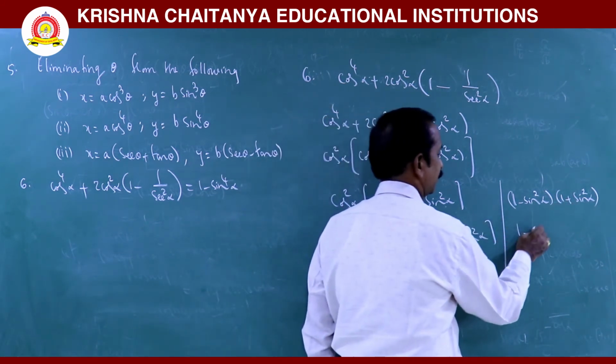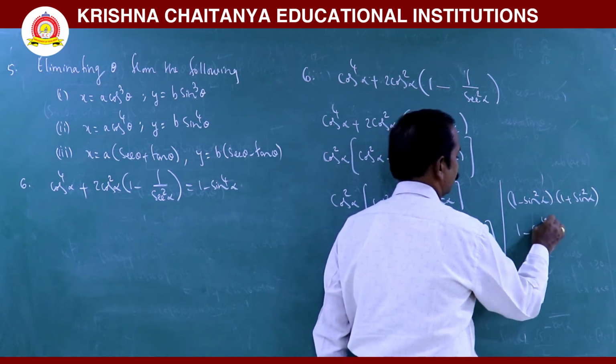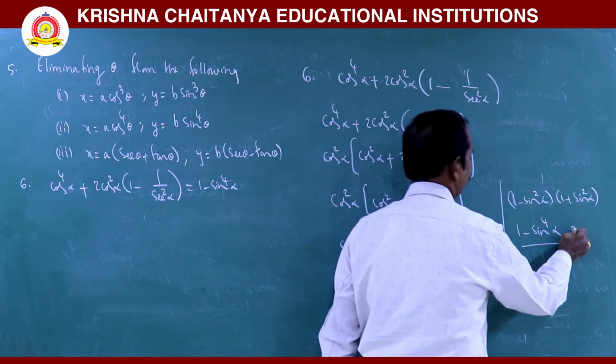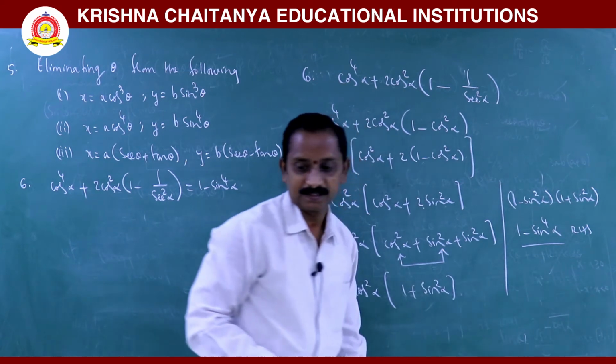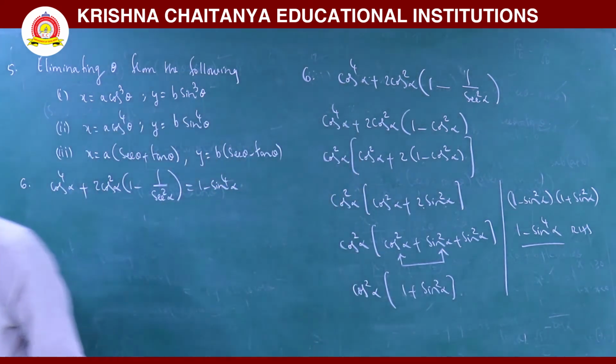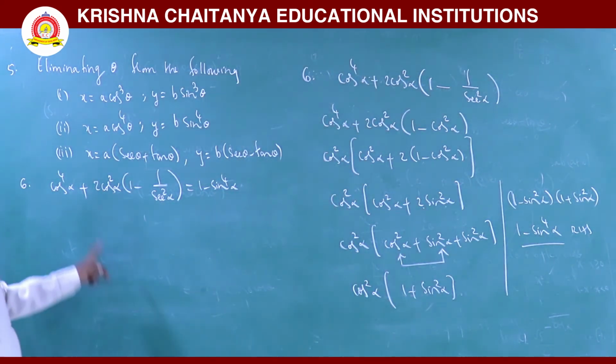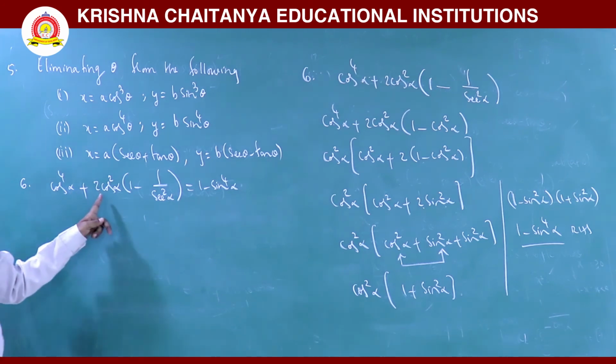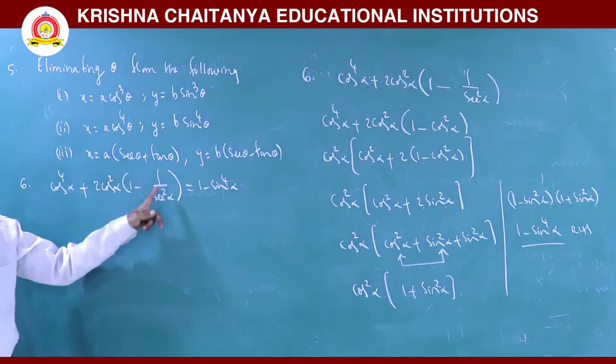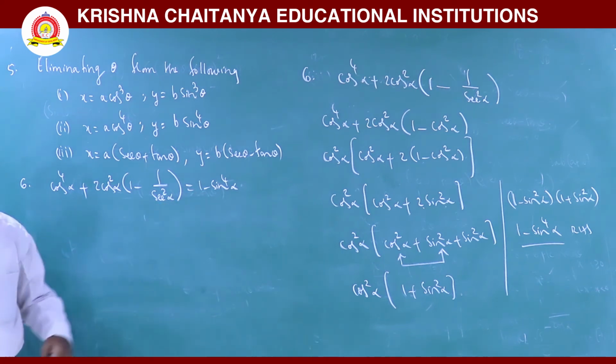So it is 1 minus sin square alpha whole square, nothing but sin power 4 alpha. So therefore LHS is equal to RHS. So the value of cos power 4 alpha plus 2 cos square alpha into 1 minus 1 by secant square alpha is nothing but 1 minus sin power 4 alpha.